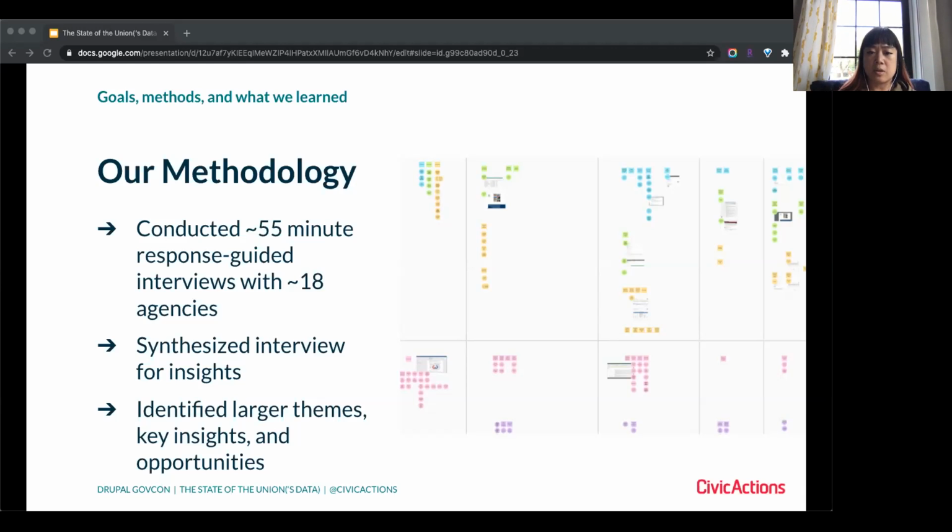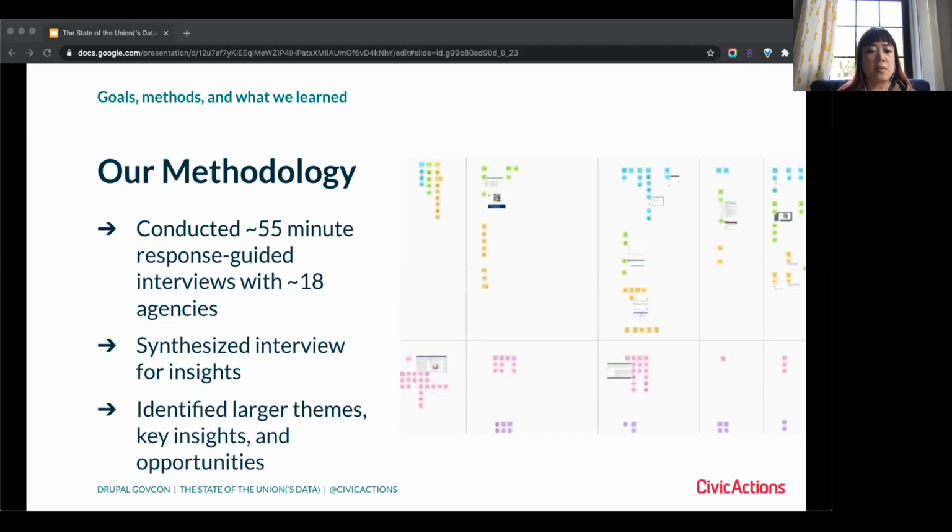So the graphic that you see on the right shows part of a journey mapping exercise we did to help pattern out basic details to the data management process across agencies. We also pulled details from each interview and organized and grouped them to identify larger themes, key insights, and opportunities, which we're going to cover in the rest of this talk.